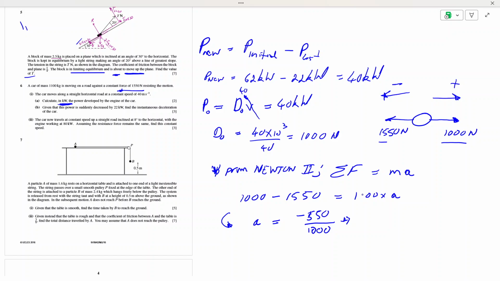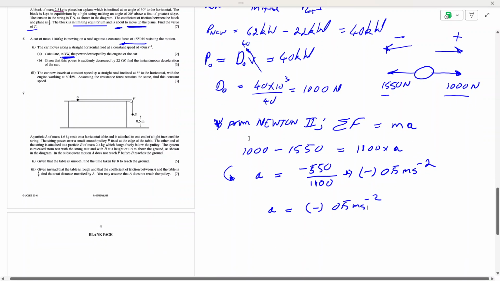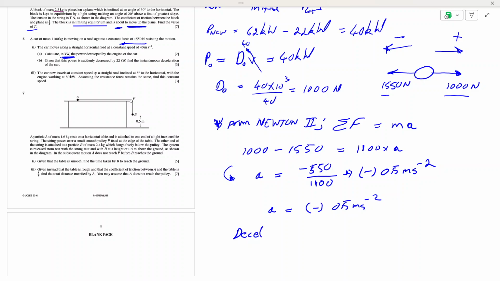It's 1,100. Okay, that is what the mass of the car was. And I'm going to get an acceleration of negative 0.5, which corresponds to the deceleration. So negative 0.5 meters per second squared, or you could denote it as deceleration is equal to 0.5 meters per second squared.